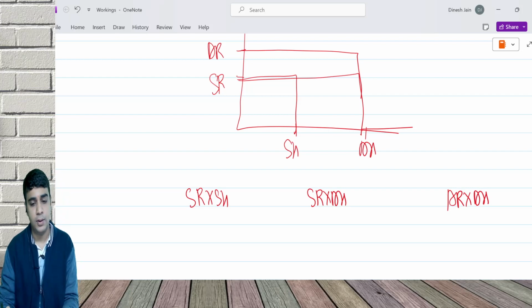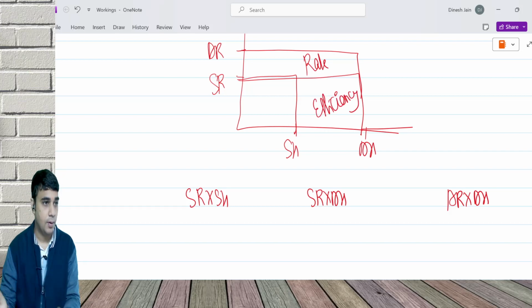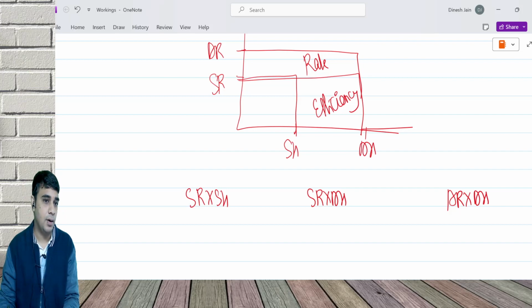What is the top part called? Rate. Bottom part, efficiency. The chart is something, at some stage I'll start avoiding putting the chart, because the chart doesn't really serve any purpose for me. It may serve some purpose for you if you're not confident on the formula, but as things proceed, at some stage we'll stop putting the chart.